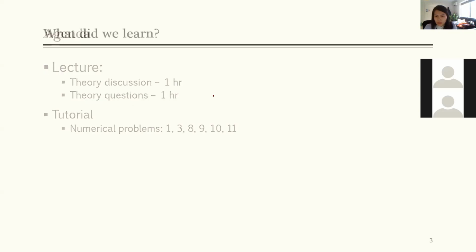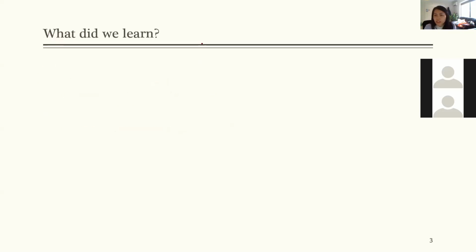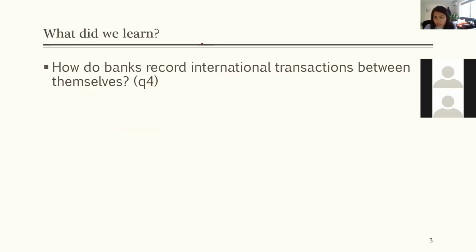Okay, so now in the first part of the chapter, we introduce the structure of the foreign exchange market. One of the main sections that we talk about was how banks record international transactions between themselves.